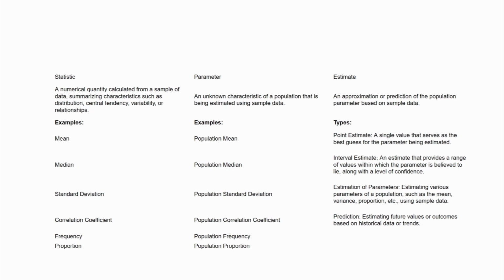Now, an estimate is something which tries to estimate the parameter, because the parameter is what we are interested in, and we don't know what the parameter is. So an estimate is a single approximation, like this much could be there. Using a statistic, we try to get an estimate thinking it is near the parameter.